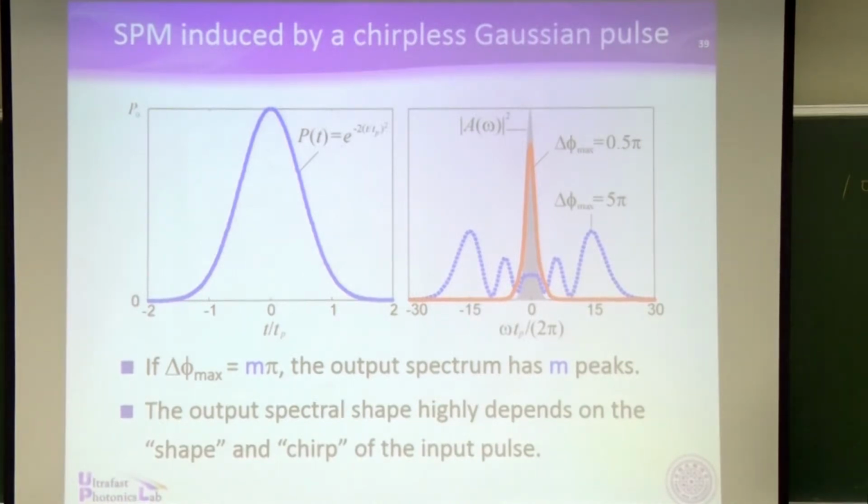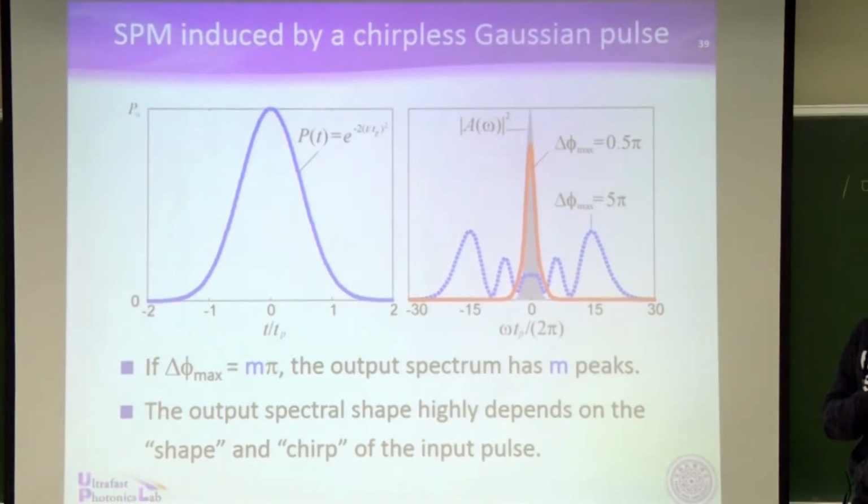Here I also have to remind you, these figures are very useful, okay? But be careful, the output spectral shape highly depends on the shape and the chirp of the input pulse. These are simply examples based on the input pulse being a chirpless Gaussian.